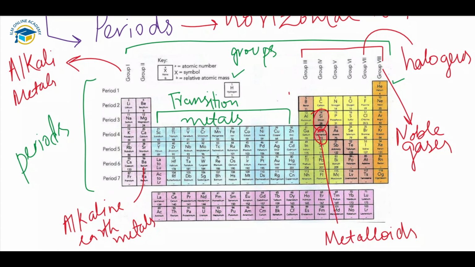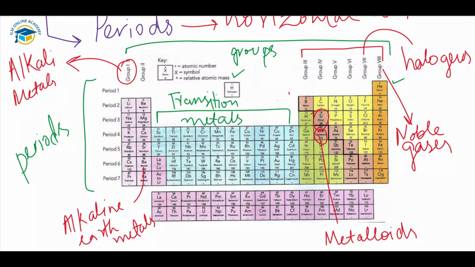That's why the vertical groups show similar chemical properties: the group number indicates that the elements there have the same number of outer electrons in the valence shell.